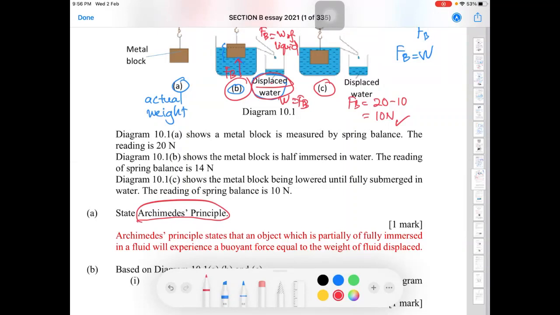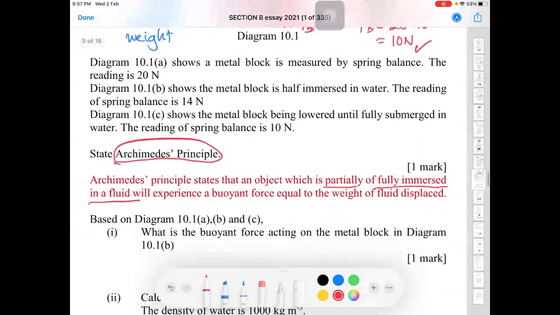So in this case, object which is partially or wholly immersed in a fluid will experience a buoyant force, which is equal to the weight of the fluid displaced. Bukan volume, this is the weight of the liquid ataupun fluid displaced. Okay, so this one cikgu tak boleh tolong kamu lah. You have to read, you have to remember lah. The key point of this one tu.